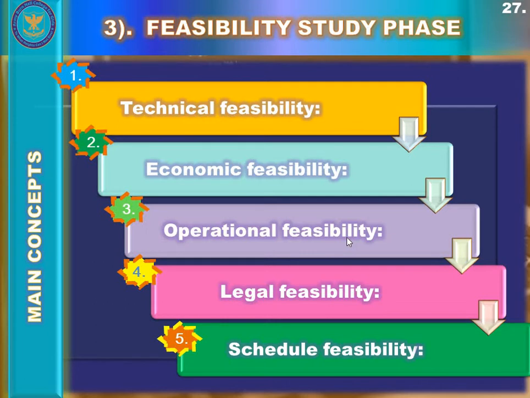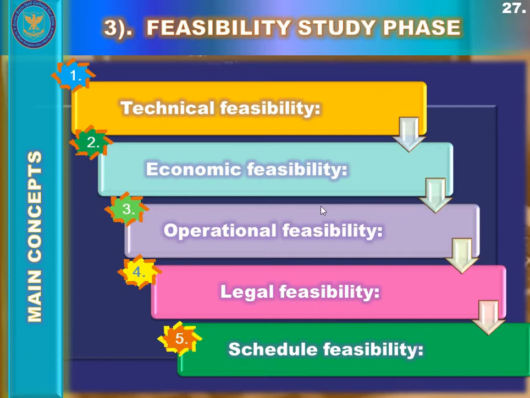Do they already have this technical expertise? Do they already have these technical tools available with them or not? So in technical feasibility, the system analyst analyzes with respect to the hardware and software components, and also with respect to the personnel or staff or experts' technical capabilities.